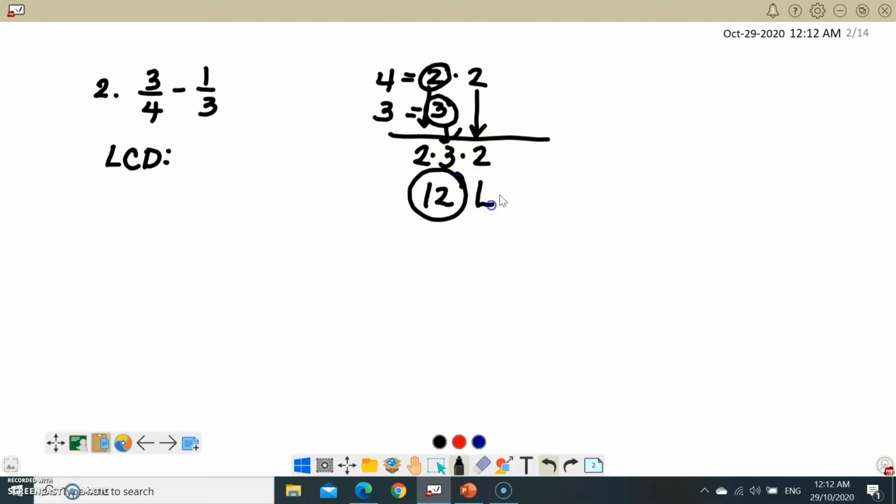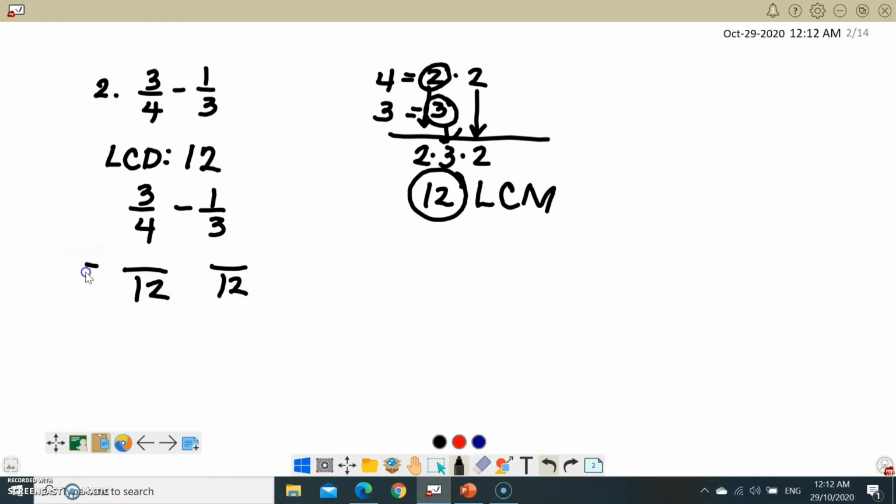And 12 here is our LCM. Remember, LCM is the same as LCD. So we have here our LCD as 12. So we rewrite 3/4 and minus 1/3 as equivalent fractions. We use 12 as the common denominator. Remember, the operation here is division and here is multiplication.